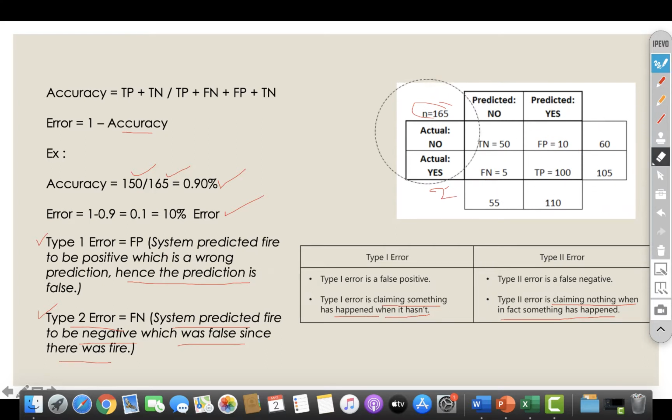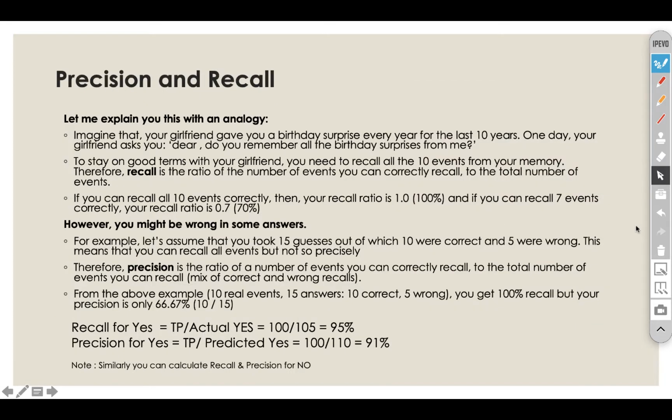So we also look into precision and recall. What is precision and what is recall? Okay, let me explain with an analogy. Imagine, it is a very easy example.